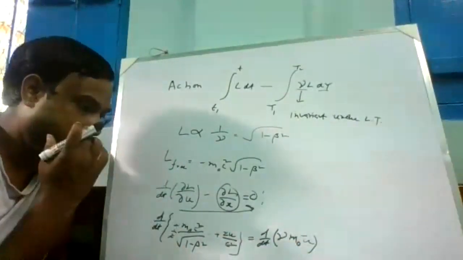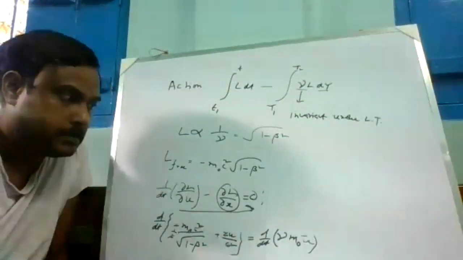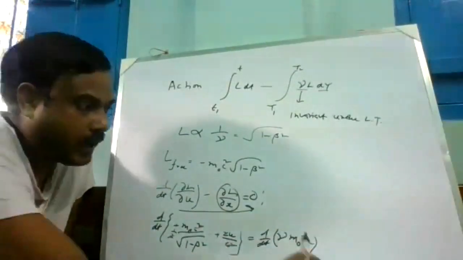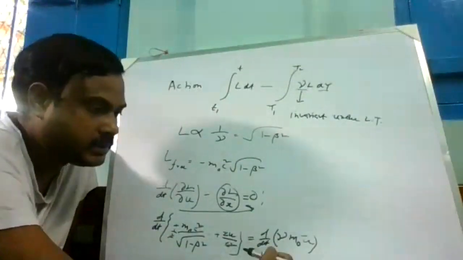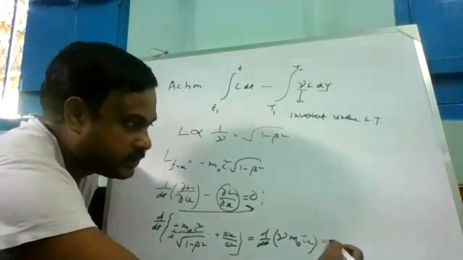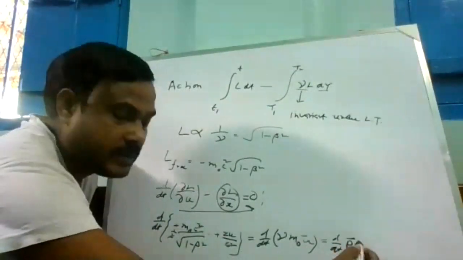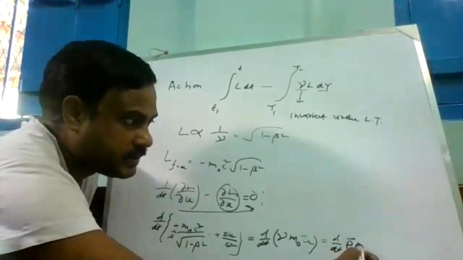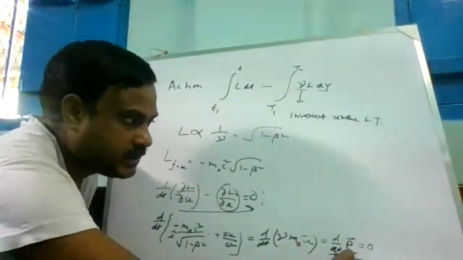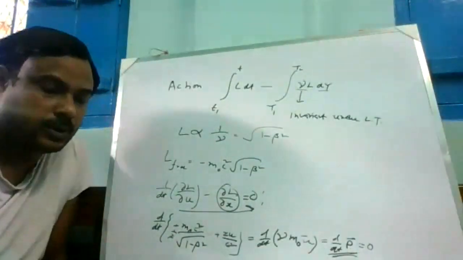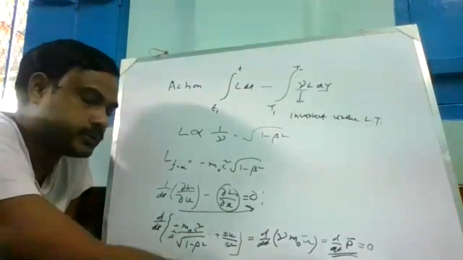Now gamma m0 is nothing but m, and gamma m0 u is momentum. So this is equals to d/dt of p, that is equal to 0, which is Newton's second law of motion.